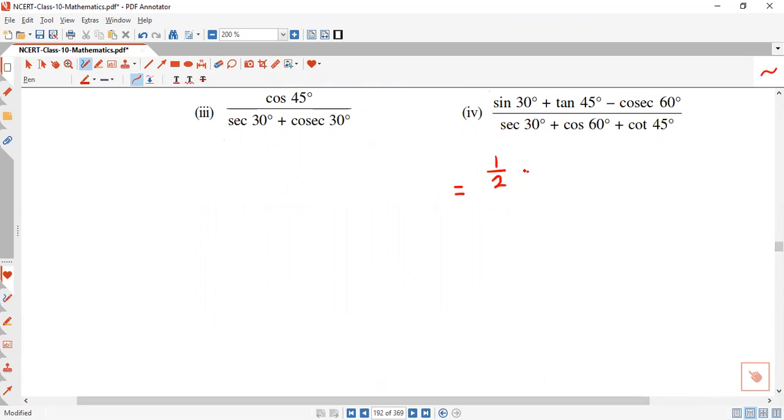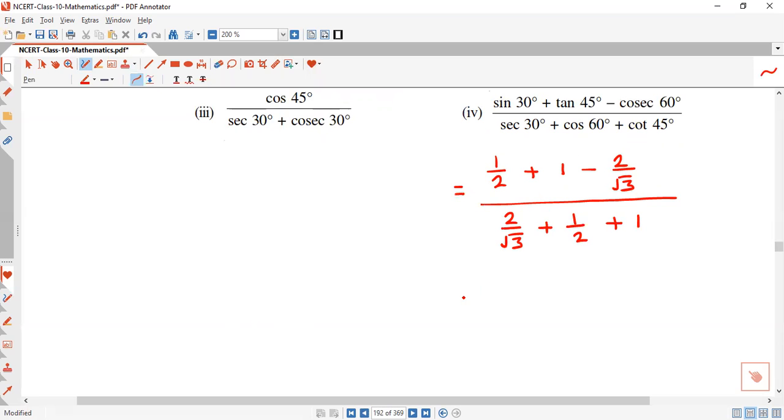Tan 45 degree, we know the value is 1. Cosec 60 degree means the reciprocal of sine 60 degree, and the value of sine 60 degree is root 3 by 2, so it is 2 by root 3, whole divided by sec 30 degree, means the reciprocal of cos 30 degree. Cos 30 degree is root 3 by 2, so it comes out 2 by root 3. Cos 60 degree is half, and cot 45 degree plus 1.